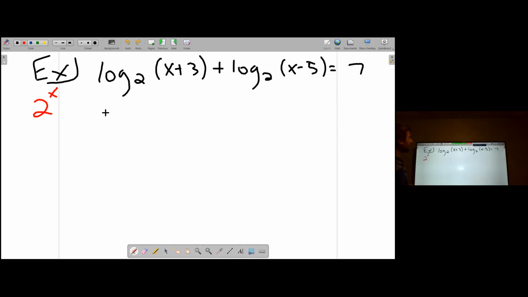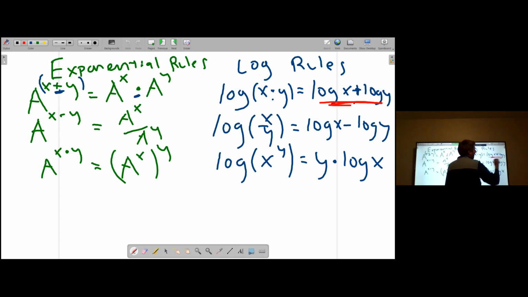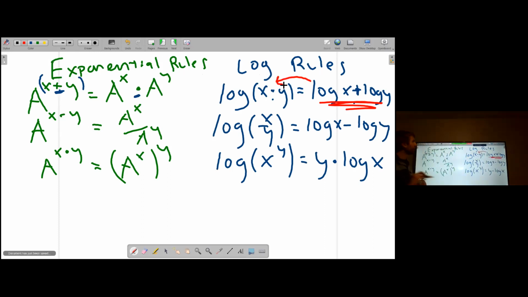Well, I said we couldn't combine these like terms, and that's true, but we can combine these logs. Let's go back to our log rules. The log rules work either way. So what we have is something that looks kind of like this. We're adding two logs. We can turn this into a multiplication problem.